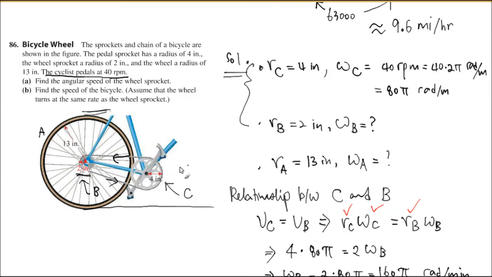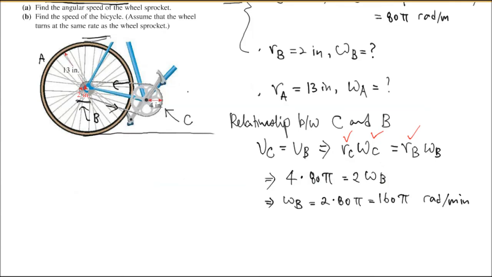What is the angular speed of a wheel sprocket, which is angular speed of B? And we did that, right? There it is, yeah. That's omega B. So part A is asking, find the angular speed of the wheel sprocket right here. Wheel sprocket is a little one. So that's omega B. And that's 160 pi radian per minute. We answered part A. Any question?